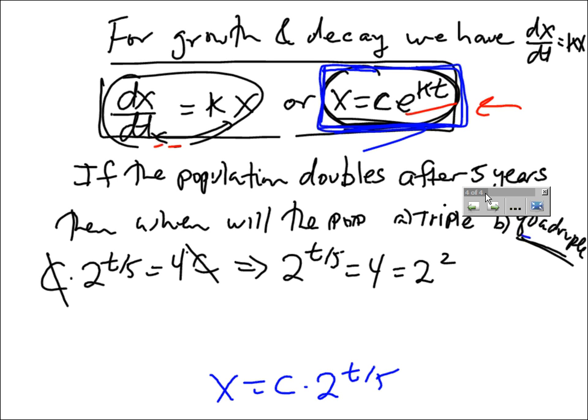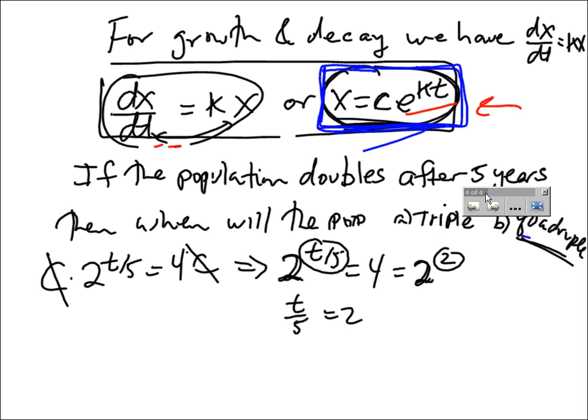If you raise 2 to different powers, you're going to get different answers. You multiply 2 by itself a different number of times, you will get different answers. 2 to this power is equal to 2 to that power. The powers have to be equal.